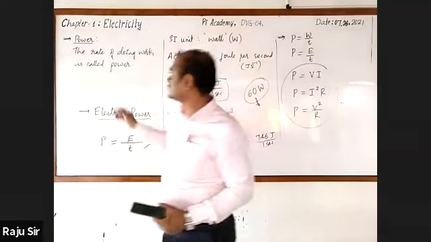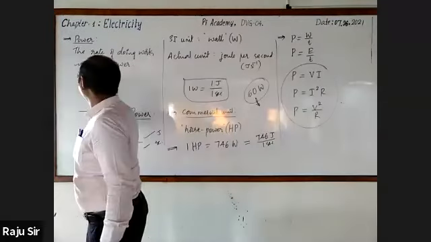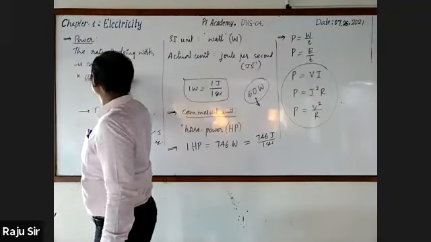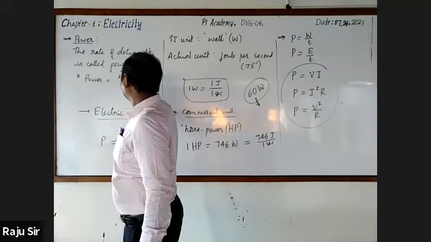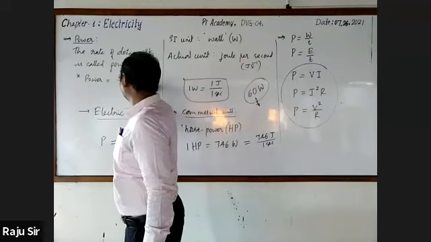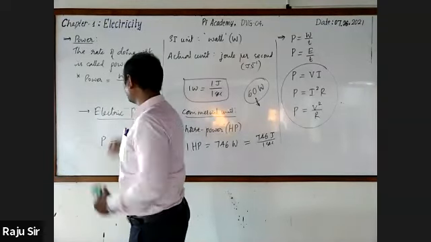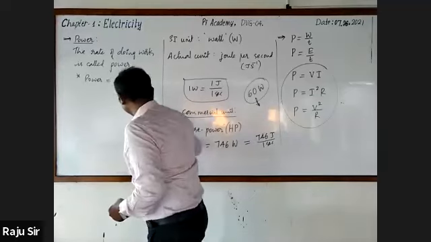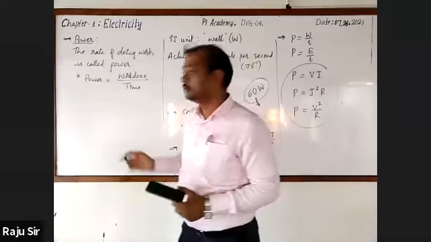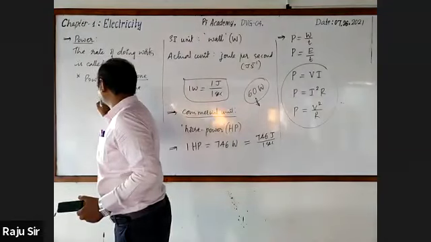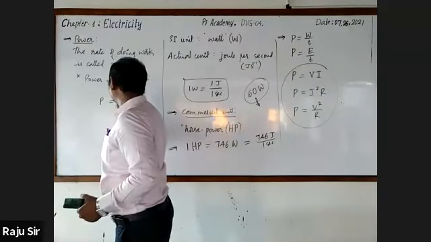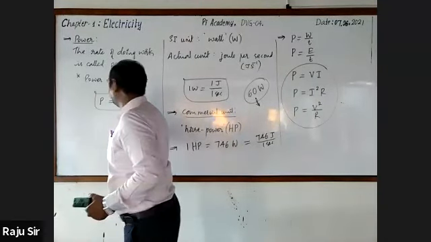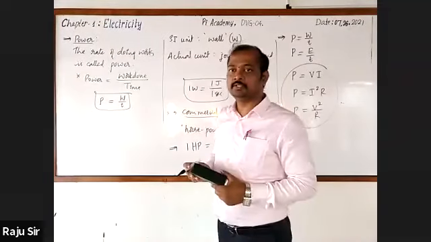Then write its formula. Power is equal to work done by time taken, or just you may write time. Next, write its symbolic form. P is equal to W by T.